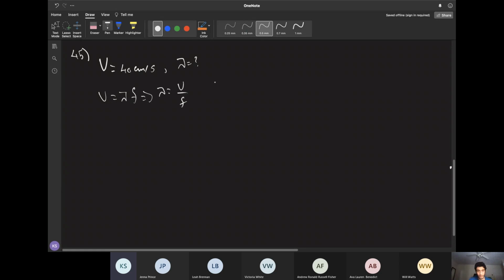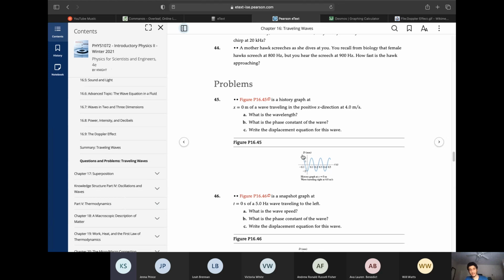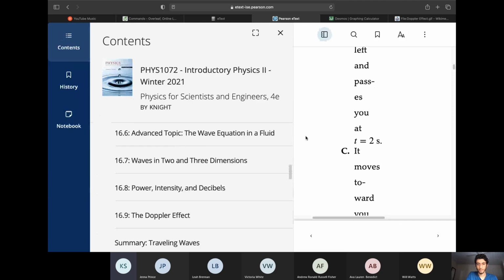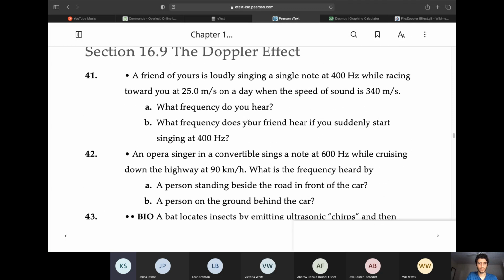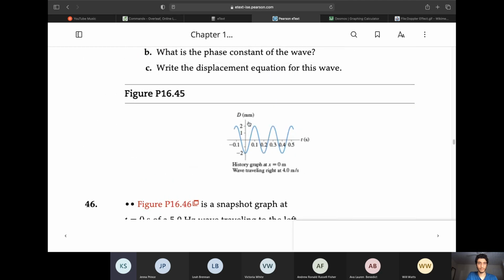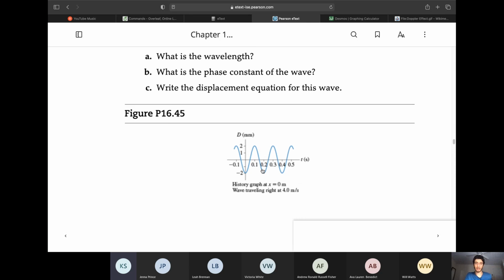So we need to find what f is. So it was 45. Yes, it was 45. So this is our history graph. Can you find the frequency from this?